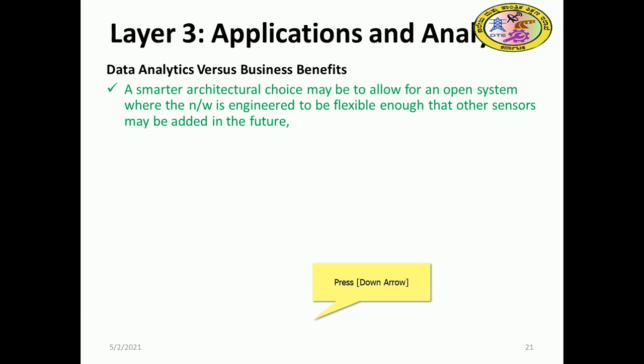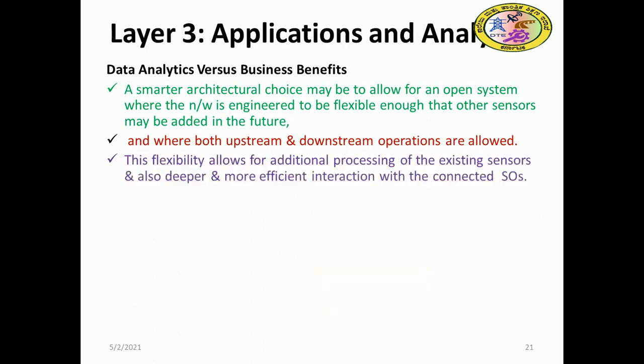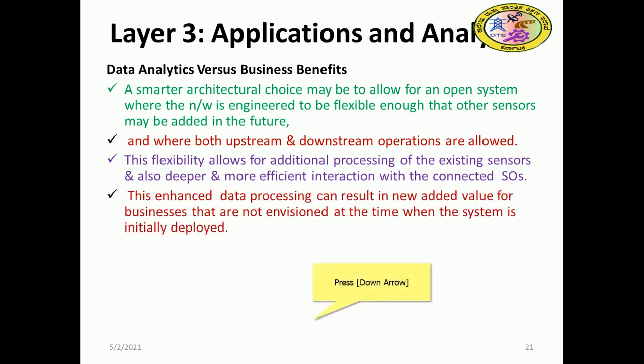If the system has a prototype model and is open, the network is engineered to be flexible enough that other sensors may be added in the future, so both upstream and downstream operations are allowed. This gives flexibility for additional processing of existing sensors and deeper, more efficient interaction with connected smart objects.